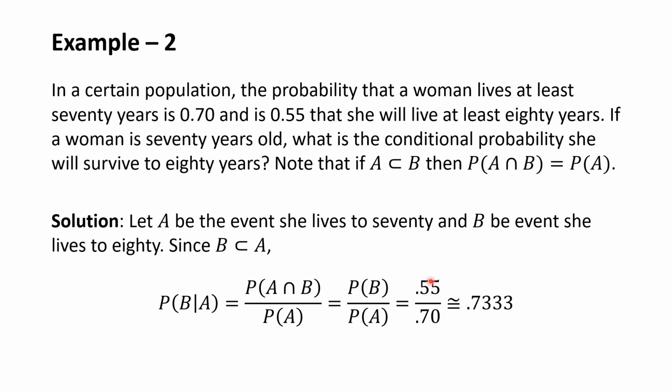And you can use this on various insurance tables that have life expectancies at different ages. So if you're at, say, 65 and you want to know the probability of living to 90, and you know the probability of each, of living to 65 and to 90, you can figure the probability of living to 90 given that you're already 65 using this type of analysis here.